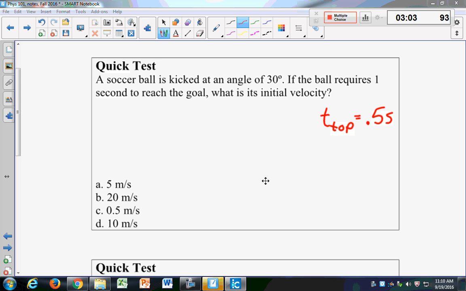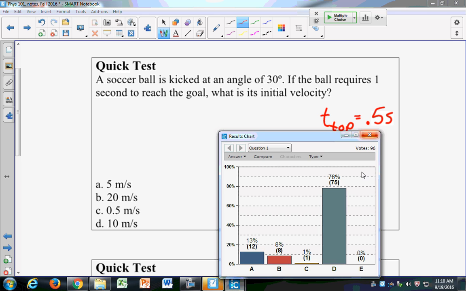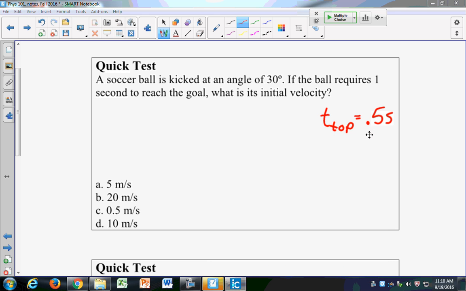I'm going to stop in about 8 seconds. Okay, good. D is right. So this thing goes like this. Up here, t is equal to 0.5 seconds.